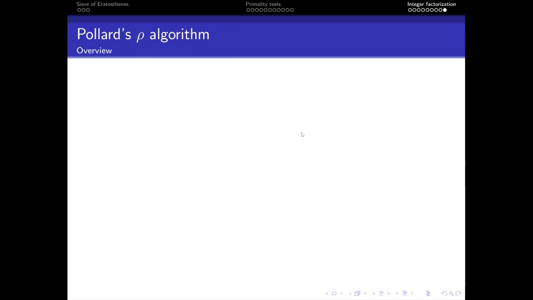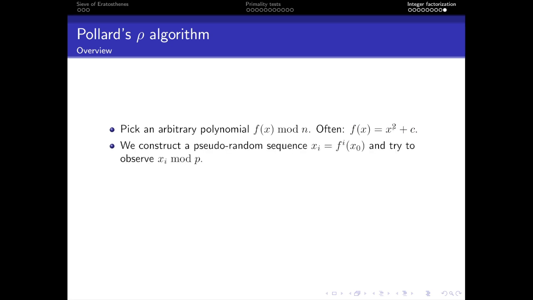Lastly, we have Pollard's rho algorithm, and the idea this algorithm is based on is that we take some arbitrary polynomial f of x modulo n. Often we simply choose this to be x squared plus c, where c is a parameter you can pick according to your use case, and then we construct a pseudo-random sequence.